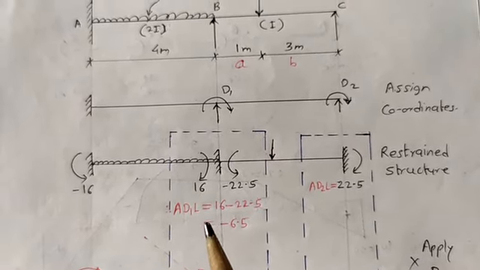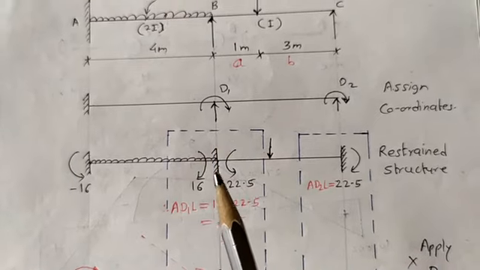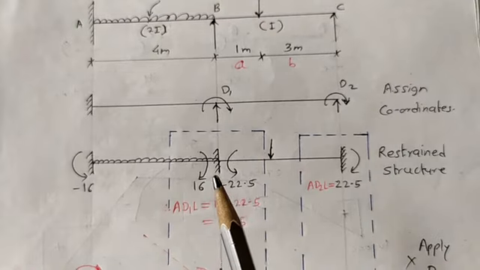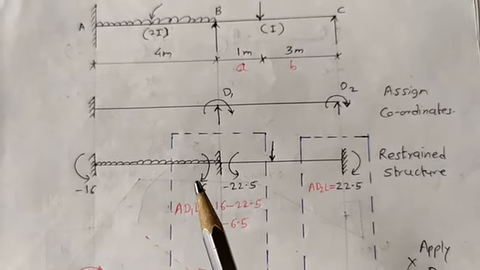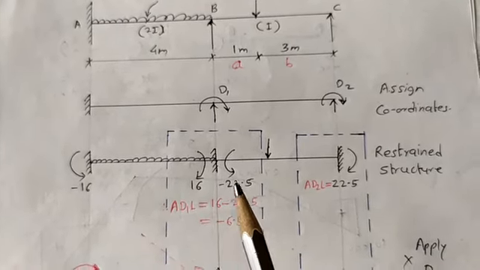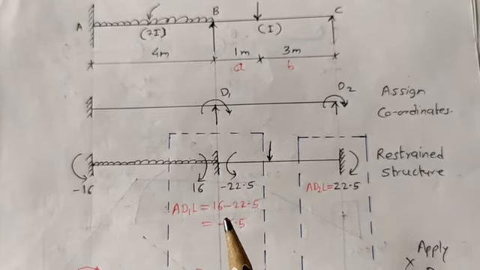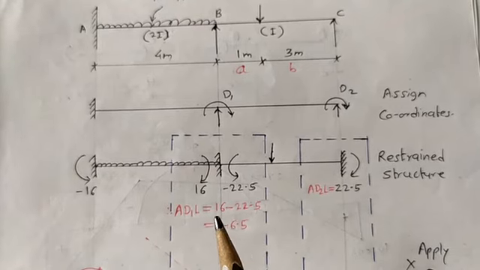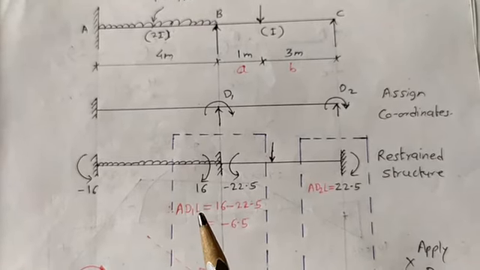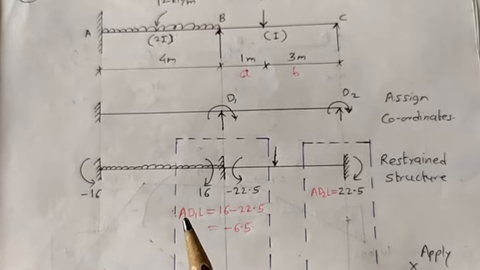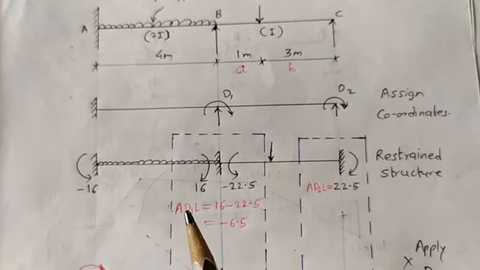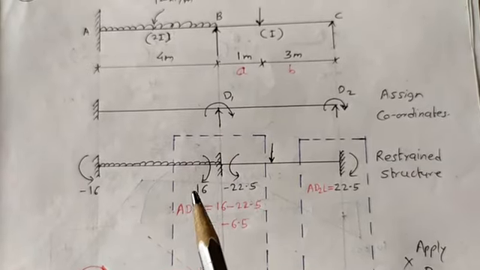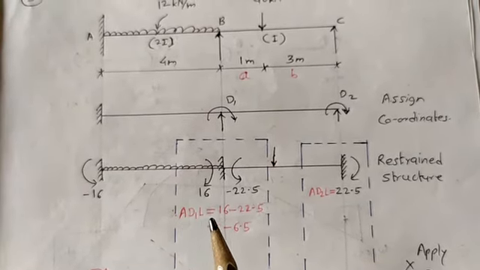Here at joint B, 16 and 22.5 are the moments acting, but 16 is going clockwise, that's why we take it as positive, and this is going anti-clockwise, that's why we take it as negative. So overall, because of loading, action in the direction of 1 is nothing but joint B, action in the direction of 1 due to loading.